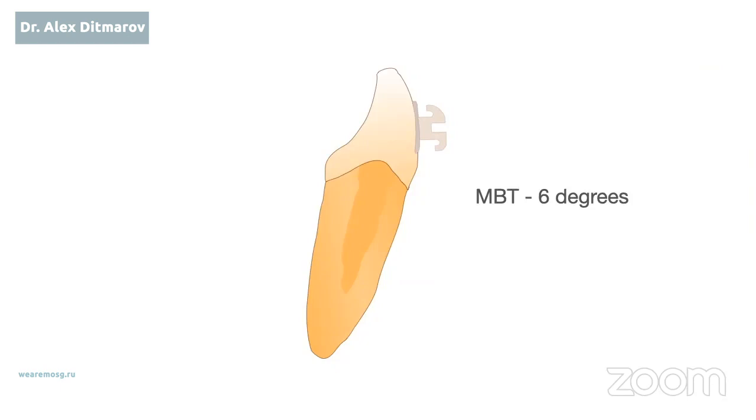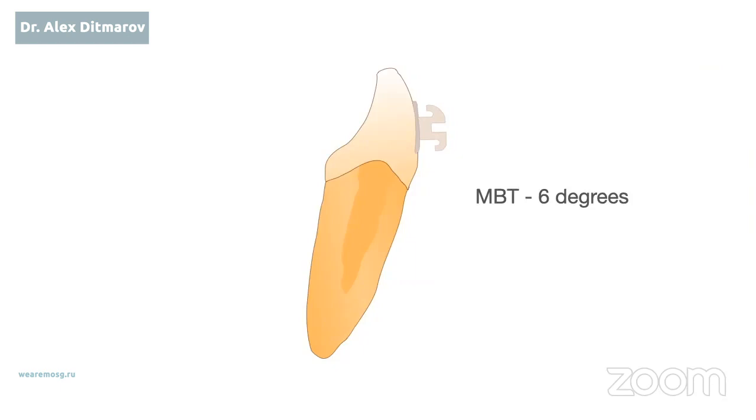This is a classic MBT prescription, and the torque on the lower incisors, on all lower incisors, is minus 6 degrees. So it is very common that class 3 skeletal cases have very much uprighted lower incisors. So preparing for the surgery, doing our decompensation, we very often have to slightly increase the torque of the lower incisors.